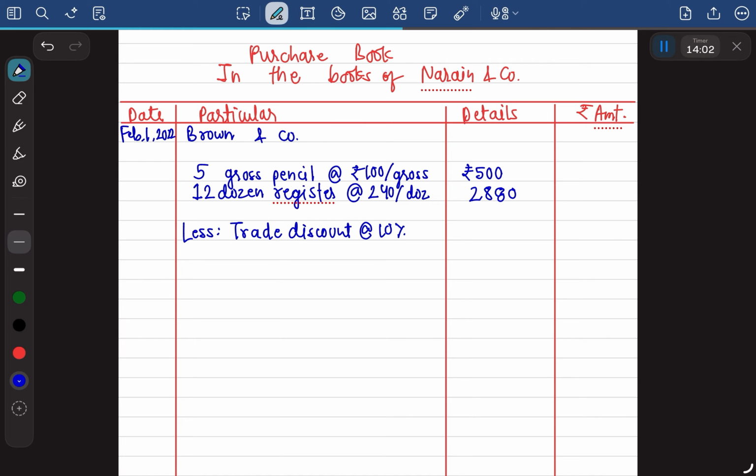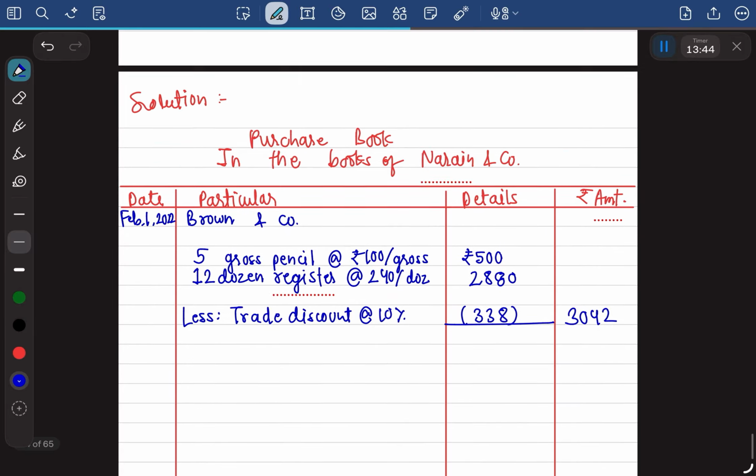So it will be 338 rupees. Now I draw a line here, and after totaling this amount, less 338, my purchase amount is 3042 rupees.